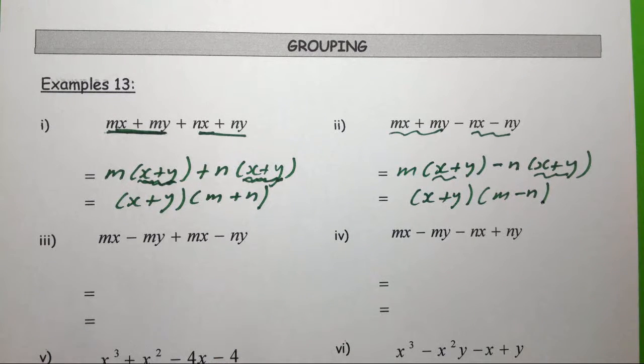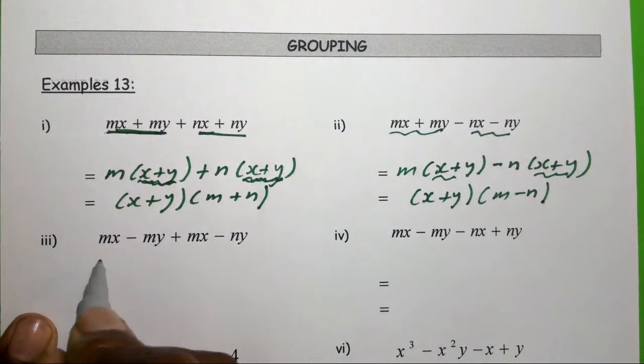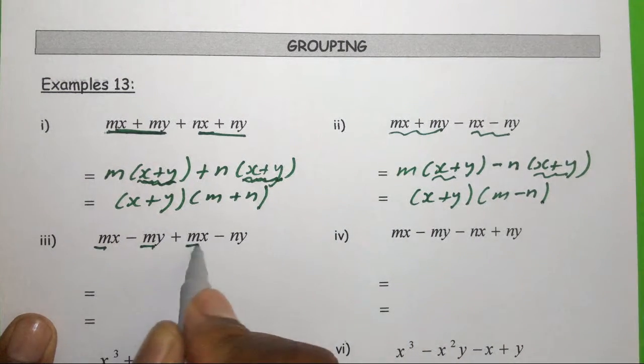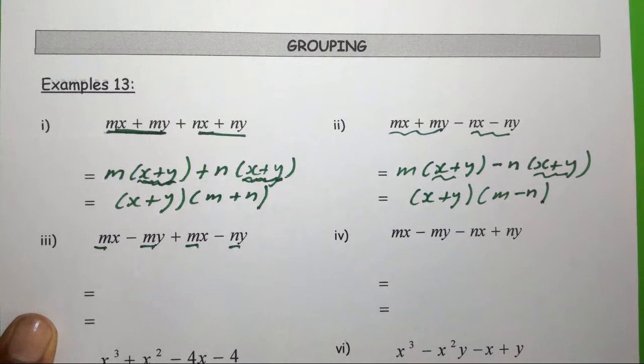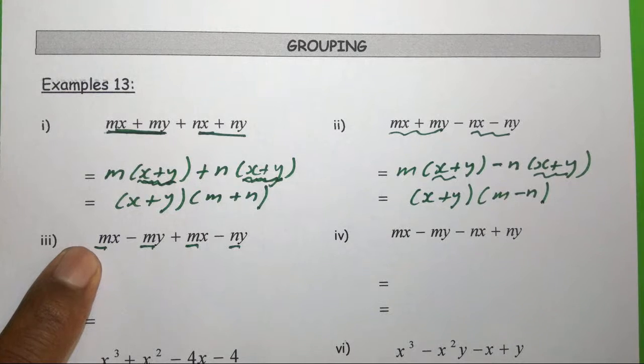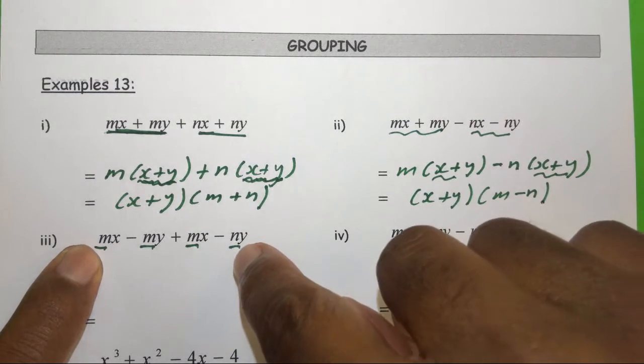Okay, then if you look at 3, I have m and n. So the first 2 I can pull m, and what about that?